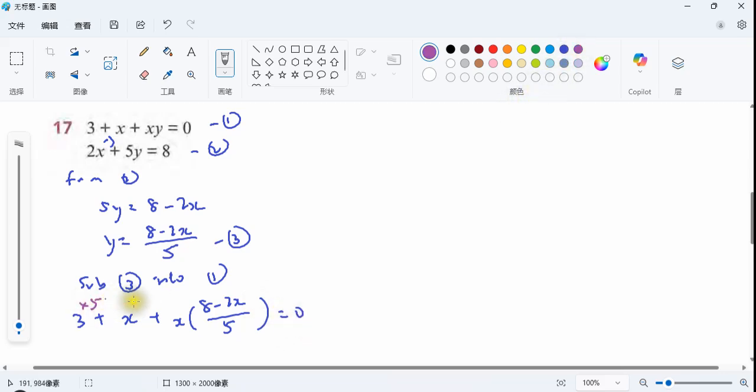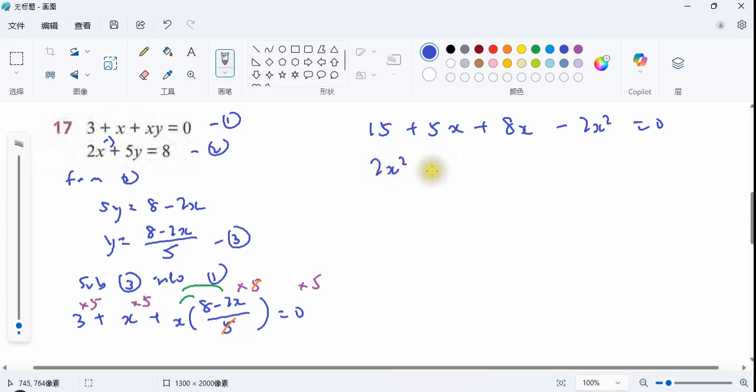So all multiply with 5 here. And then this will be cancelled. And we expand this one. So we have 15 plus 5x plus 8x minus 2x squared equal to 0.